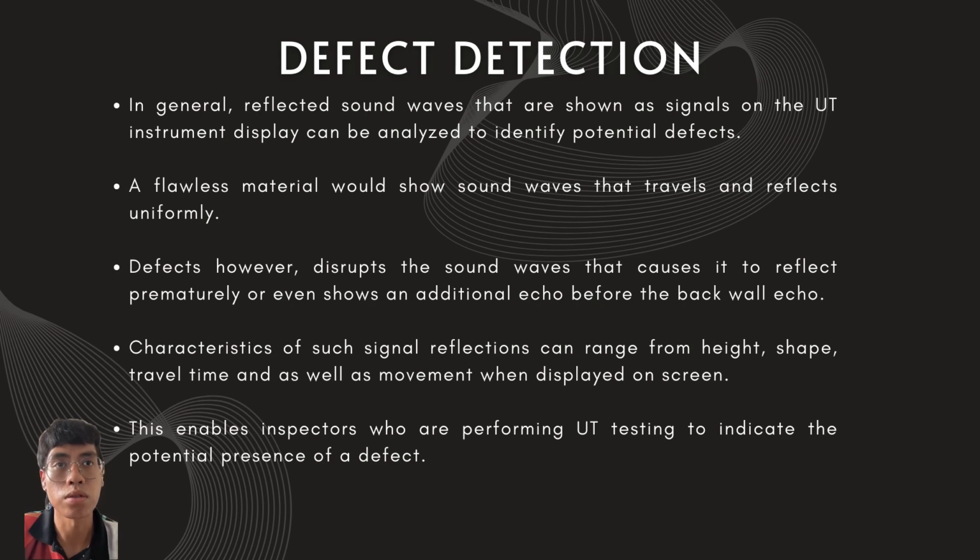The characteristics of such signal reflections can range from height, shape, travel time, as well as movement when displayed on screen. So this will enable inspectors who are performing the ultrasonic testing to indicate the potential presence of a defect.